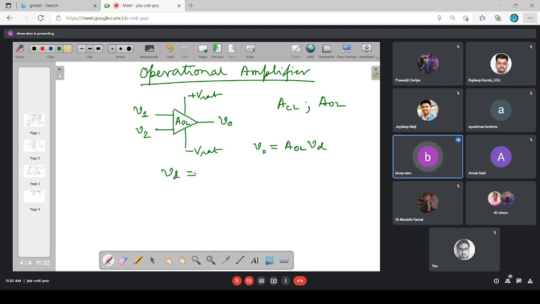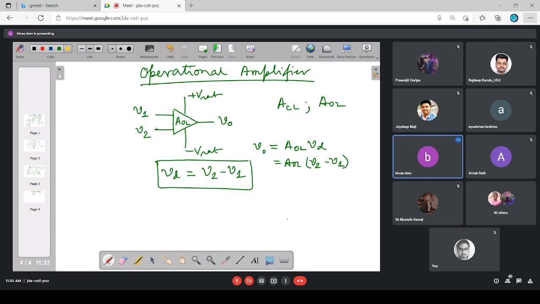By definition, VD is V2 minus V1. So this is nothing but AOL into V2 minus V1.